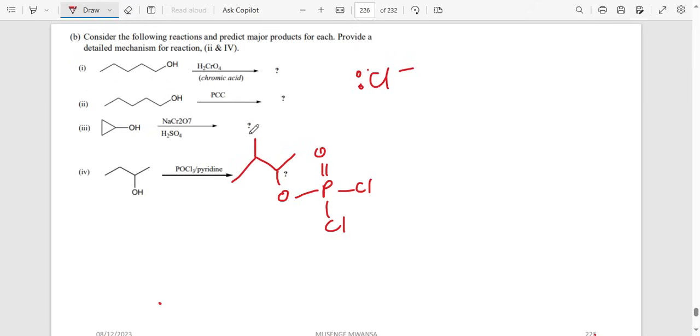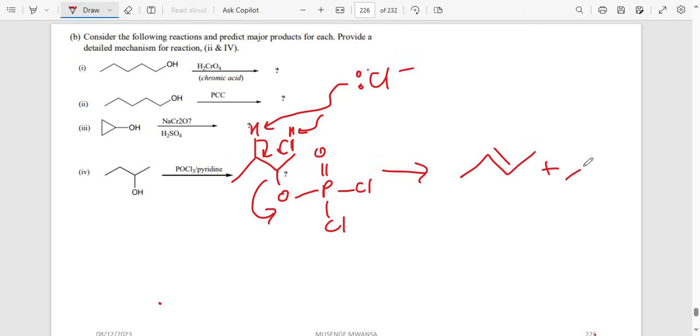Now the possible structures is that we can grab this hydrogen, this bond breaks, this compound goes. So one alkene we can form is this. We could have also grabbed the hydrogen which is here. This bond will still break and then this group will still leave. But then this is a minor product because we are grabbing a primary hydrogen.